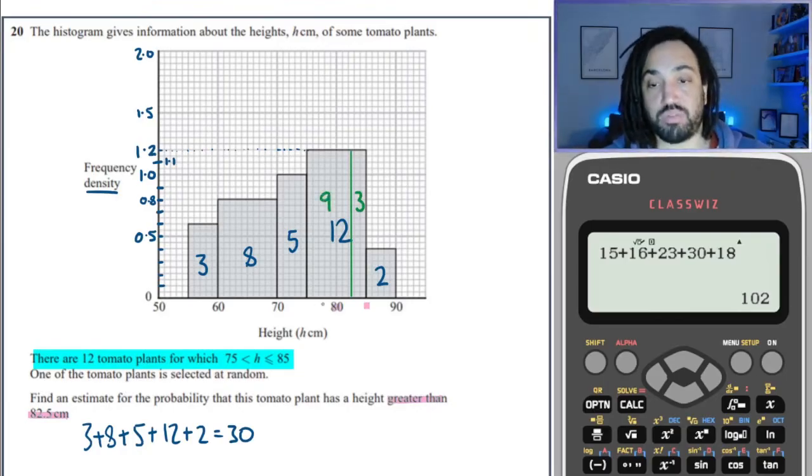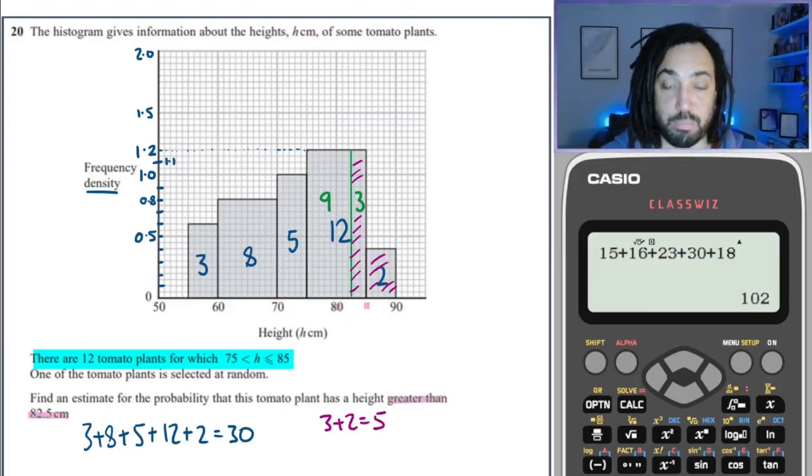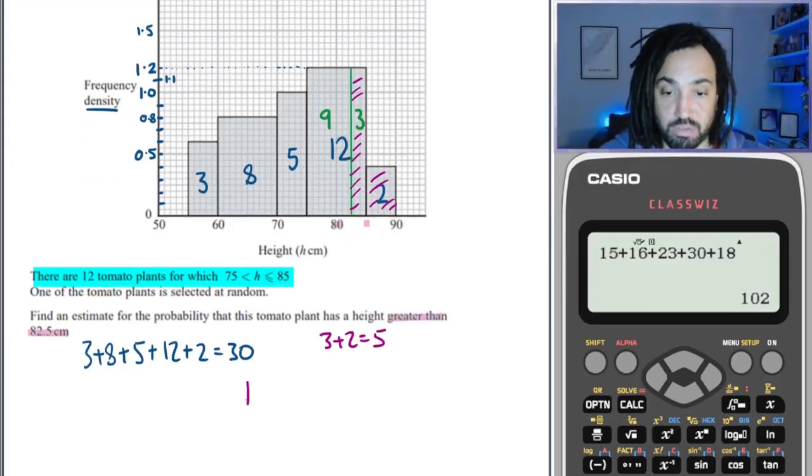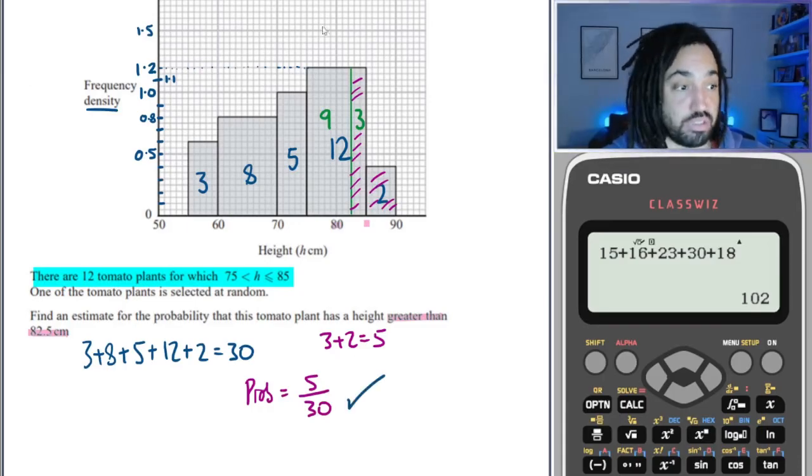So 3/4 of 12 is 9. Okay, perfect. So greater than 82.5 is going to be 3 and this 2 here. So the total will be 3 plus 2, which is 5, and the probability will be equal to 5 over 30, the total amount. You could simplify it if you wanted to, or you don't need to, because it doesn't ask you to.